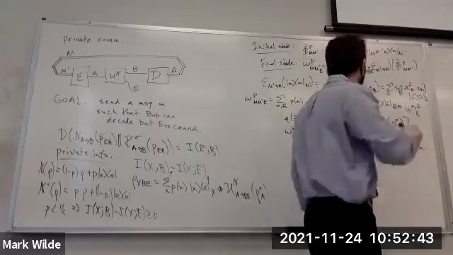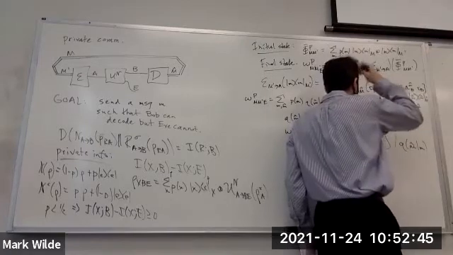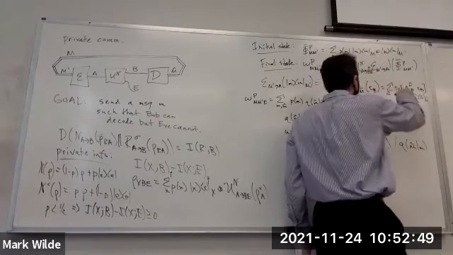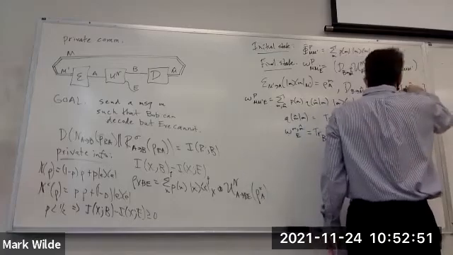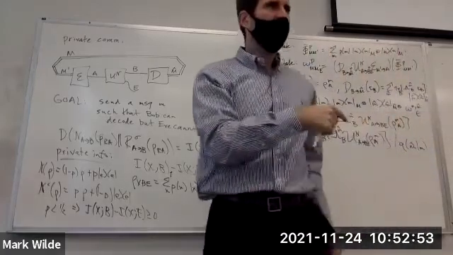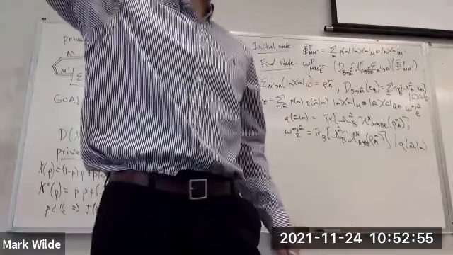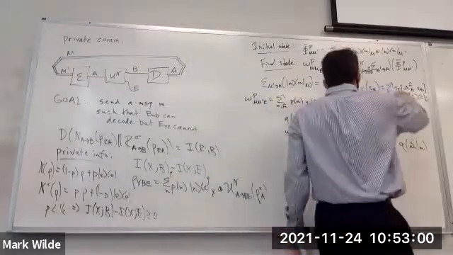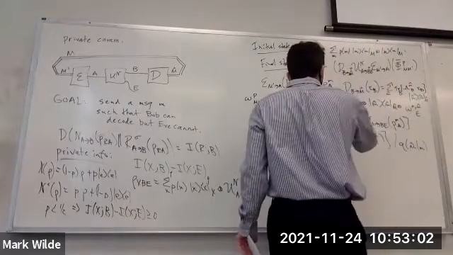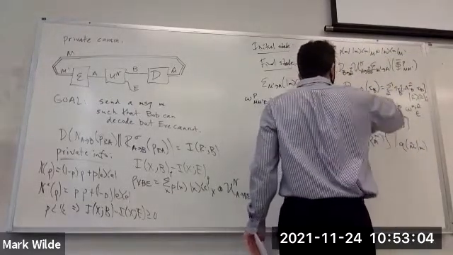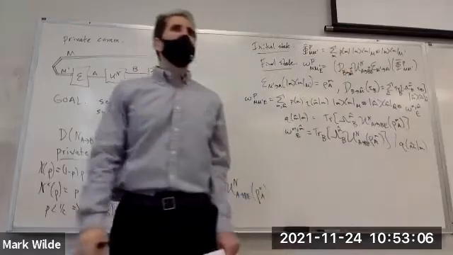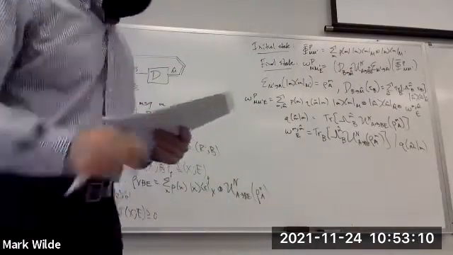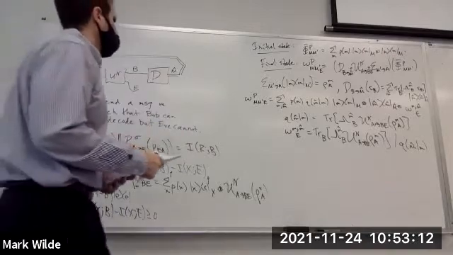So when you plug in the state tau BE and you do this channel, it's actually a partial trace, and there's some state that's left over in system A. That's the only thing that needs to be clarified. And then you work through it and you'll get this. Okay, so that's the actual state of the protocol.